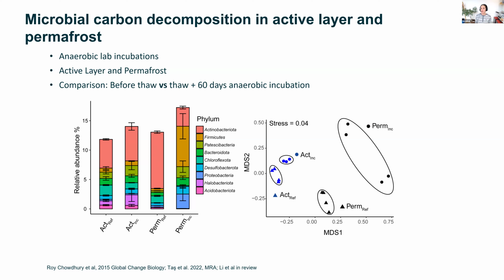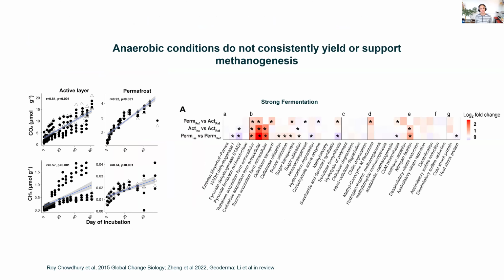We really thought that the actinobacteria, with their general ability to handle many different compounds, would be able to deal with that. And there was quite a bit of similarity between the incubations and the pre-thaw conditions in the active layer, but permafrost samples started to look rather different.